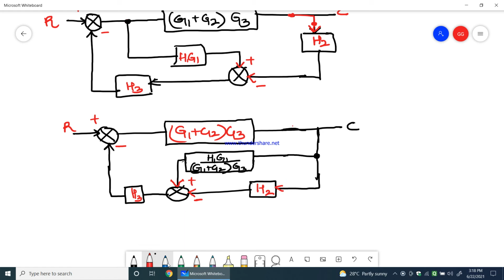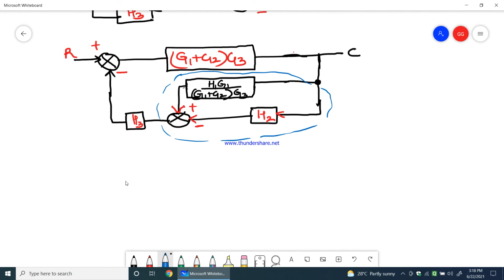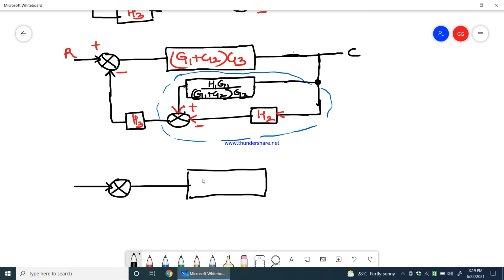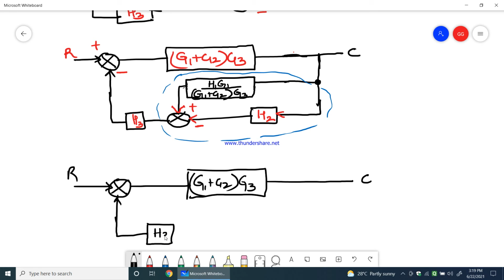Now again, if you see this particular block of the diagram, they both are connected in parallel because both are coming to the same summing point. Therefore my block diagram further gets reduced to this: R, C, and I do have H3, whereas this will be what?